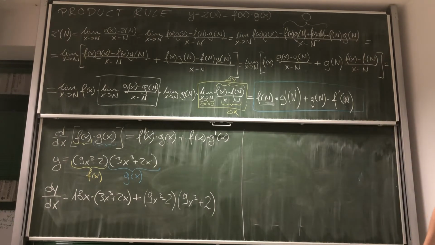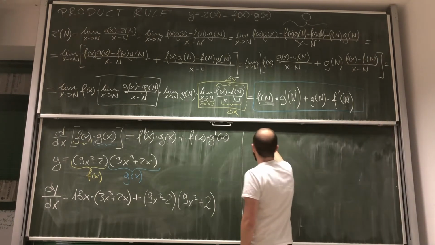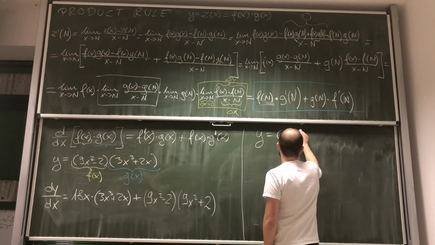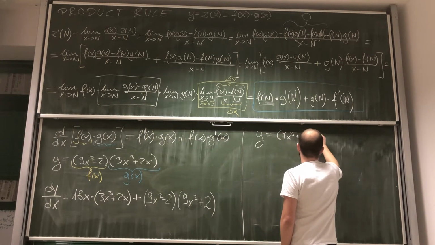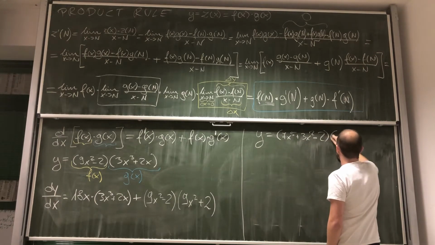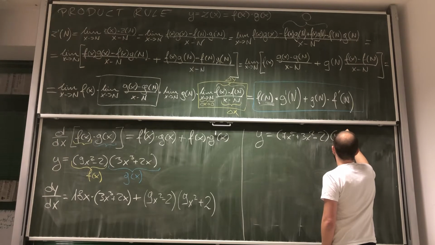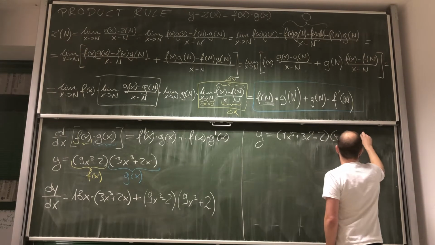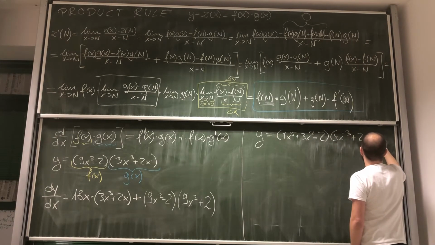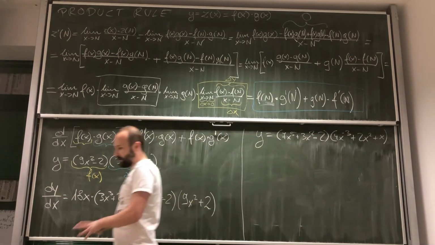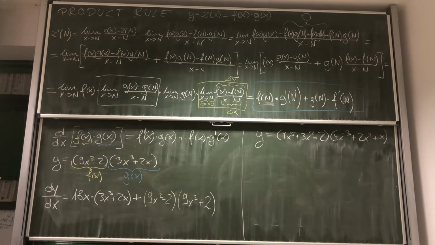Now, let's do one more example. If we have y is equal to 7x to the power of 5 plus 3x squared minus 2 times 4x to the power of negative 3 plus 2x squared plus x, again, we can do it in exactly the same fashion.